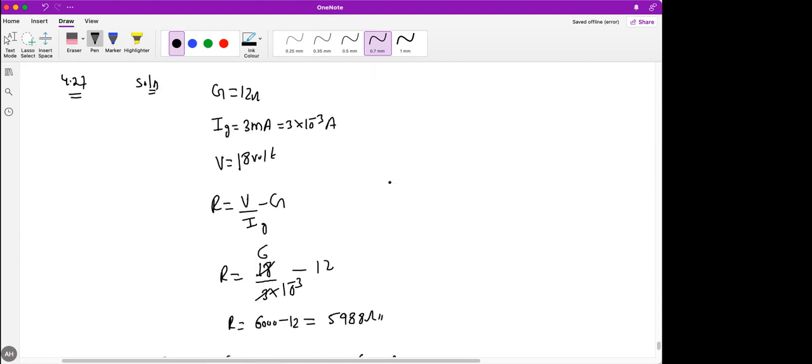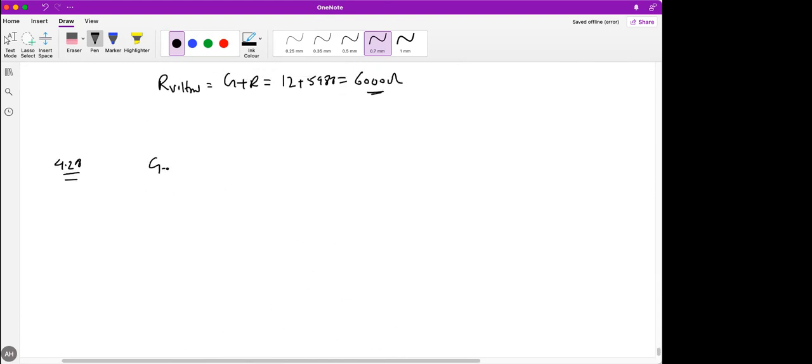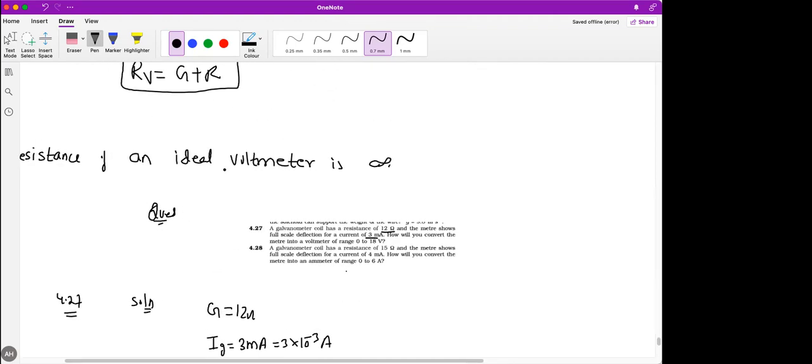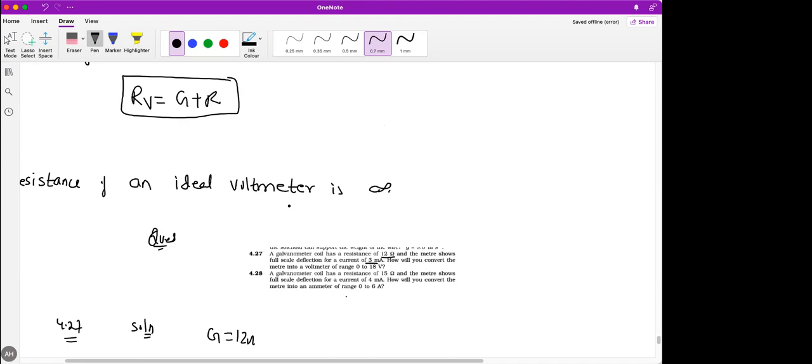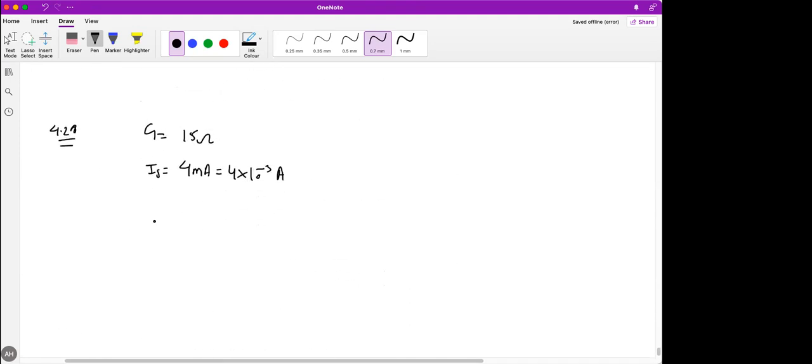Galvanometer coil has a resistance of 15 ohm, so G is 15 ohm. Ig is 4 milliampere, which is 4 into 10 raised to the power minus 3 ampere. The range of the ammeter is 6 ampere. So shunt resistance is Ig into G by I minus Ig.